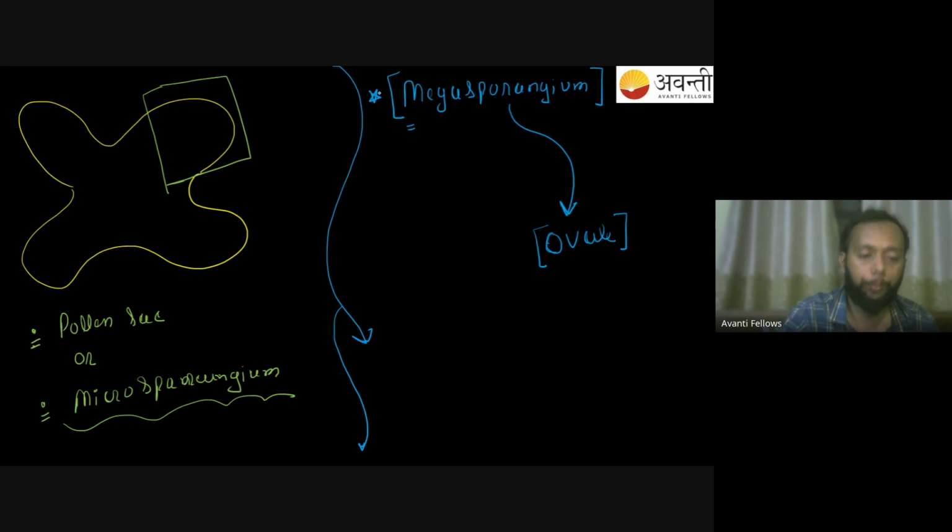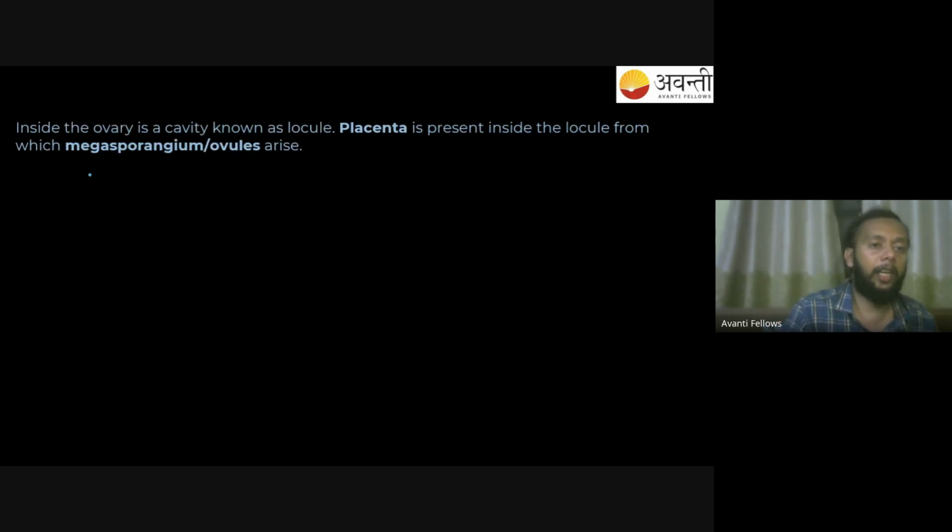Okay. Now, inside the ovary is a cavity known as a locule. Placenta is present inside the locule, from which the megasporangium or ovule arises. Now, let's say this is my carpel.